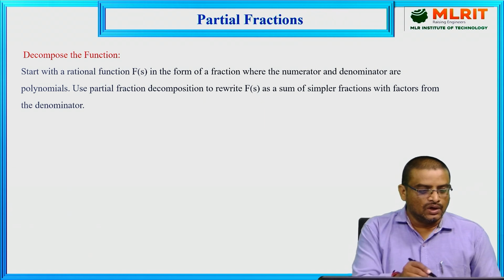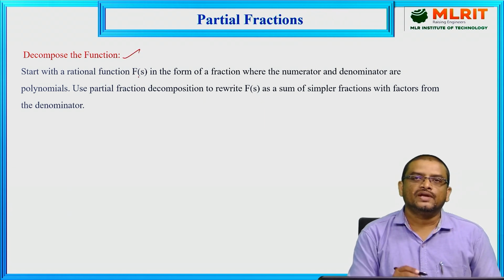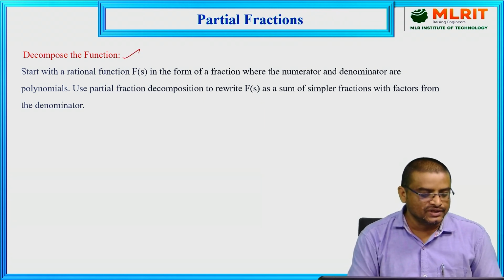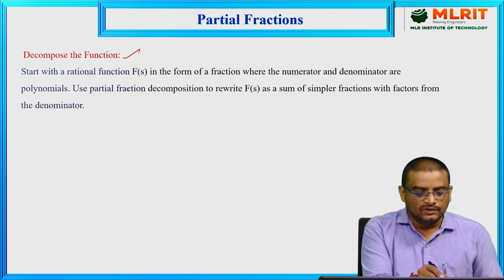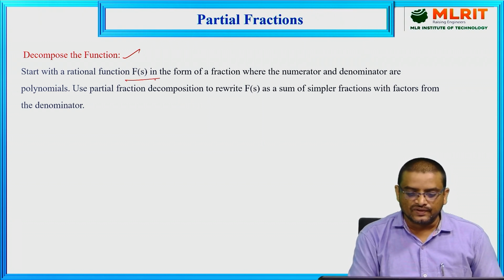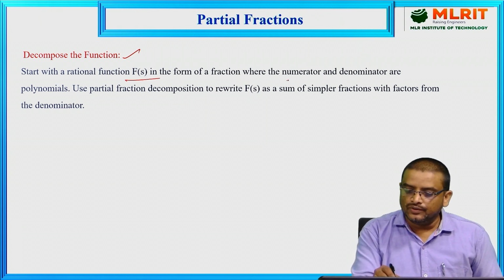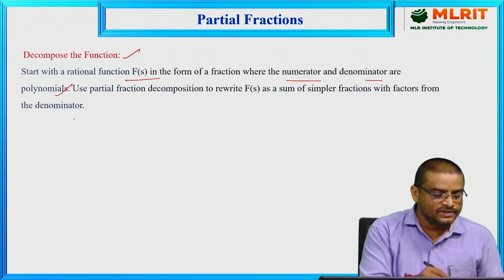Now, how to solve this? How to split the given function into partial fractions? This is our rational function f bar of s, where the numerator and denominator are polynomials.